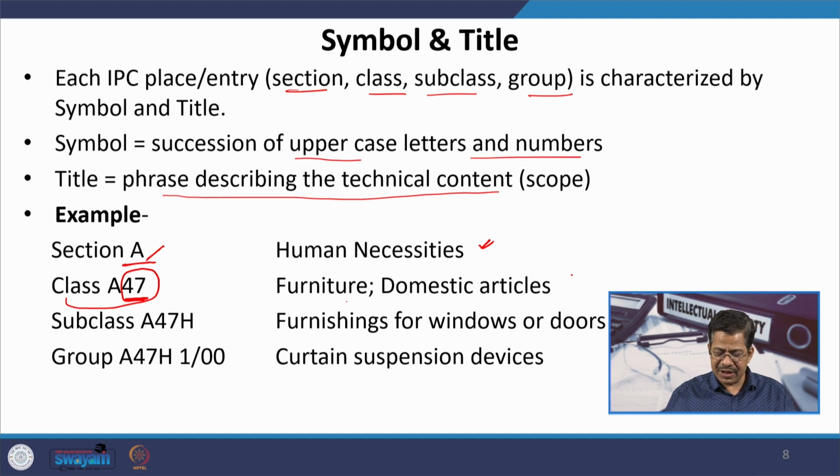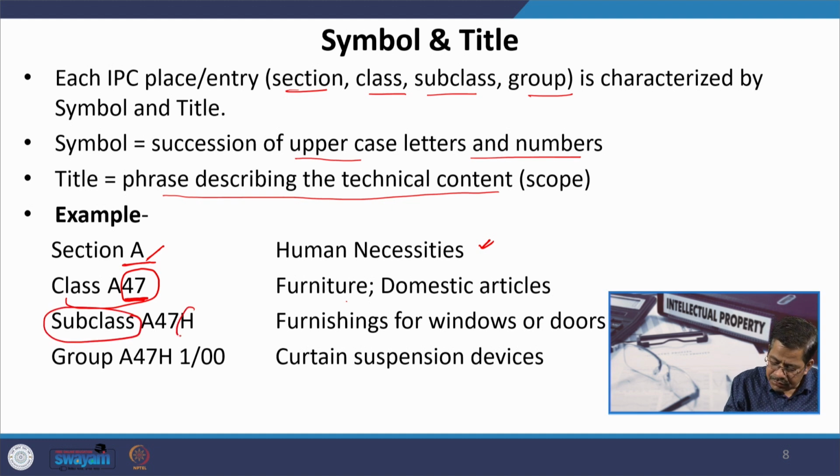So, furniture and domestic articles are part of human necessities. Then the third letter is also coming here, that is H, which is part of furniture and domestic articles, but it is furnishing for windows or doors.